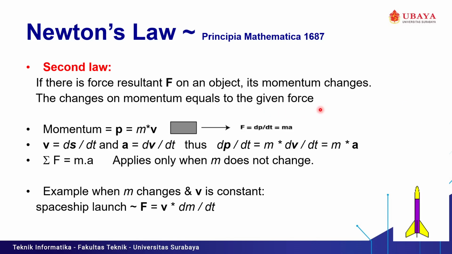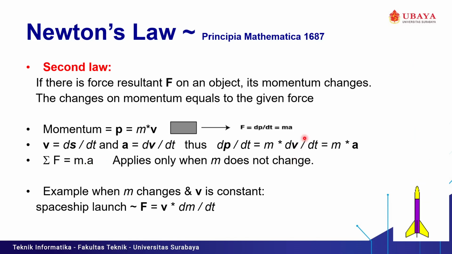But this assumes that the mass of the object does not change. As you can see here, m is a constant, but the change is in the velocity. That's why we can derive m times dv/dt is m times a, or the sigma of F, the sum of all forces on an object, equals its mass times its acceleration.